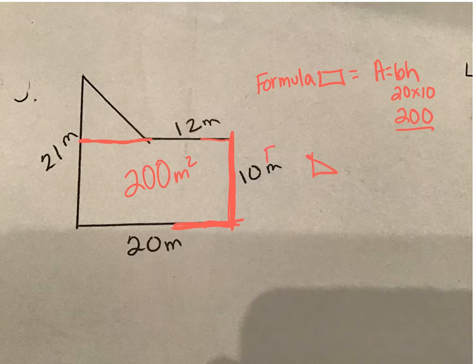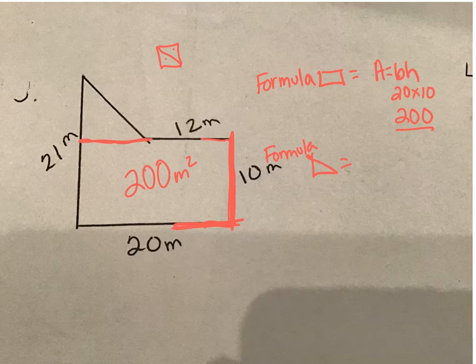So we're going to go ahead and write formula for the triangle. Who remembers what the formula for the area of a triangle is? Again, if you don't know, it's because you didn't write it enough, right? Hopefully you know that it would take 2 triangles to make a rectangle, right? If I have one triangle here and one triangle here, when you put them together, you get a rectangle.